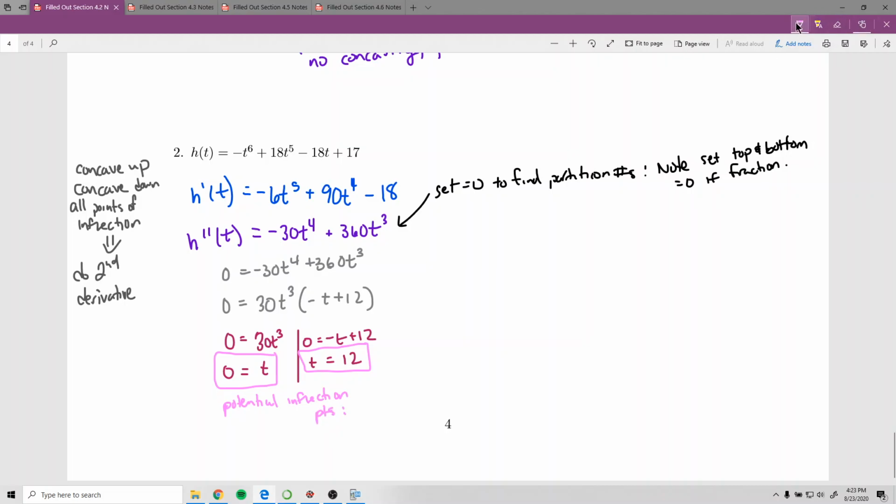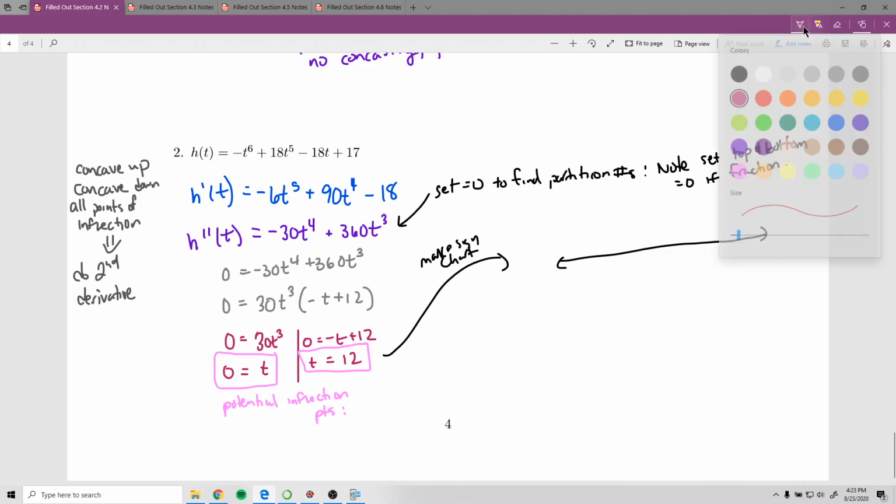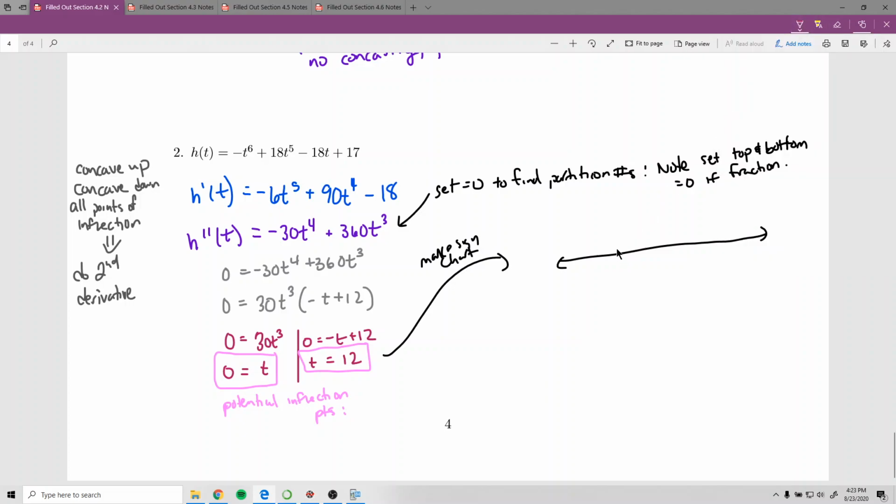So we must make a sign chart now. All right, the two numbers we need to put on our number line are 0 and 12.